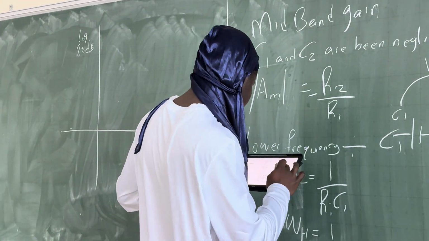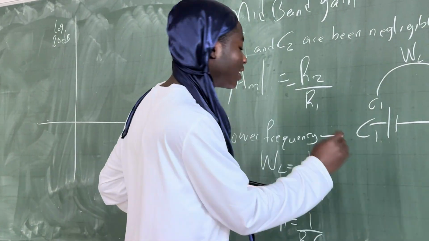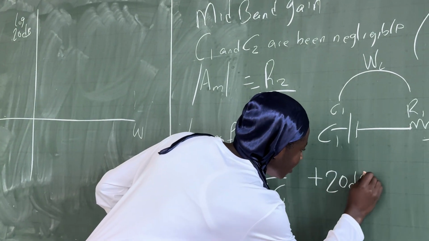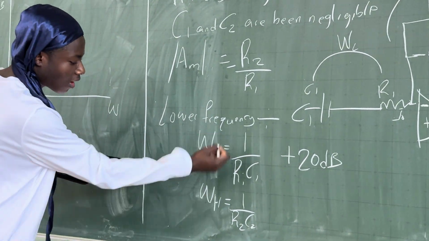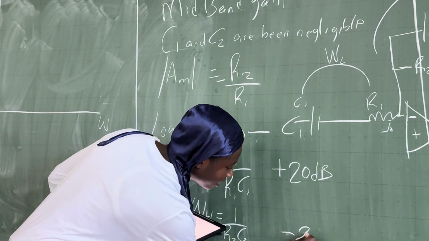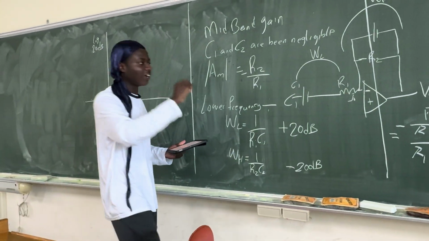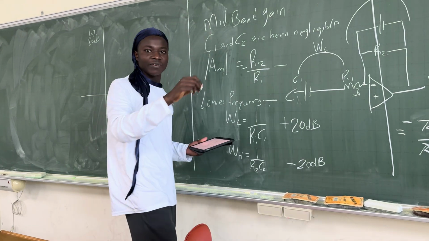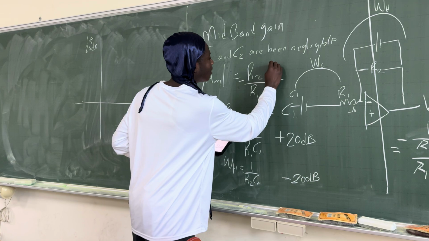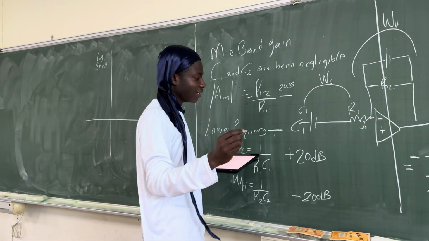For the lower frequency, the gain increases by 20 decibel. That means we need to plus 20 decibel, and for the higher frequency, we need to minus 20 decibel. And for the mid-band gain, it is flat. It does not increase, it does not decrease. Let me just put 20 decibel because it does not increase and it does not decrease.